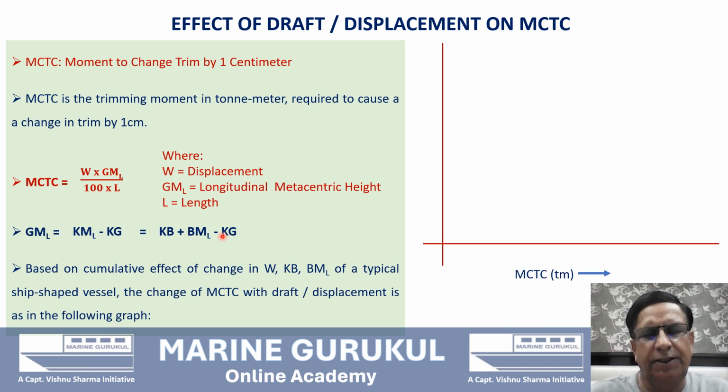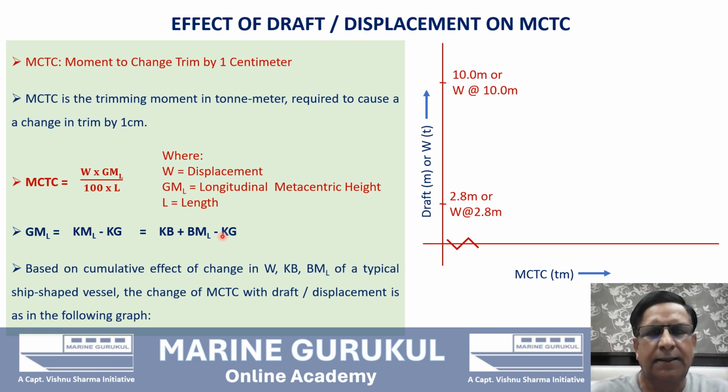We have MCTC on the x-axis, draft on the y-axis. We have this continuation showing that the scale does not start from 0. It starts from here. This is 150, this is 225 ton meter. And when we plot the values of MCTC of MV Hinship, we find the graph coming like this.